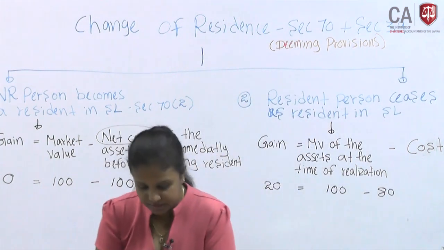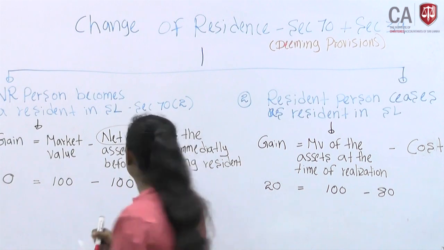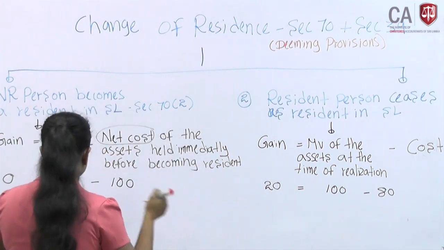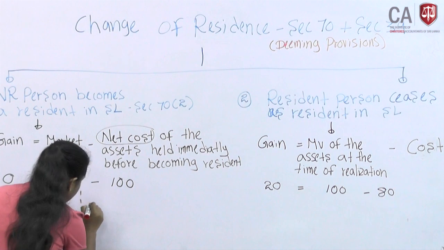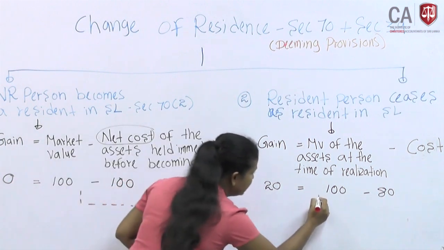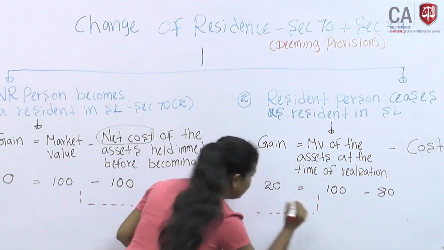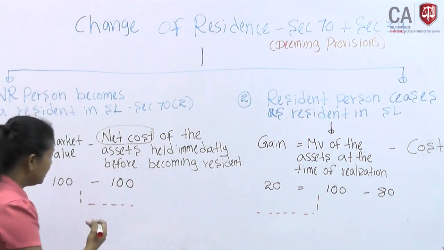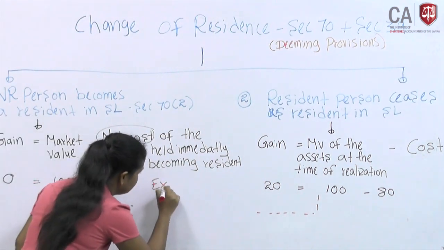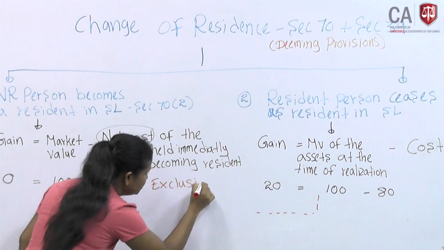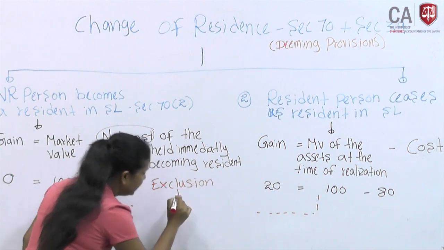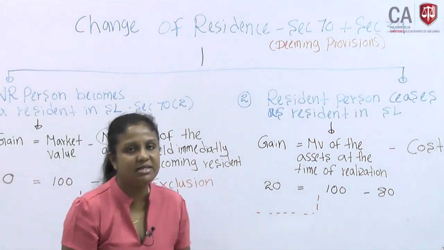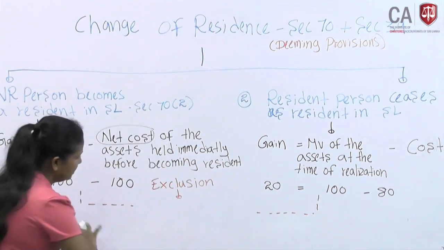But when it comes to this, you should know there is an exclusion. When computing both of these calculations, there is an exclusion. What is the exclusion? The realization of any domestic asset cannot be considered.